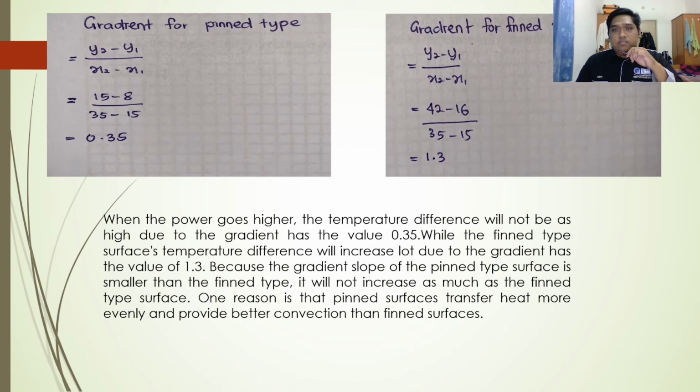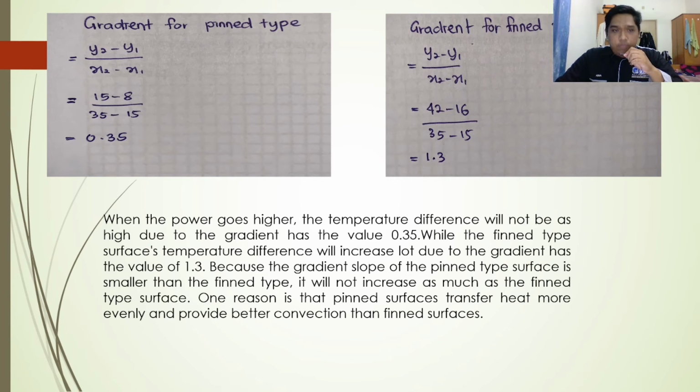For the gradient for fin type, we use the formula y2 minus y1 divided by x2 minus x1. Then we get 42 minus 16 divided by 35 minus 15. Then we get the gradient for fin type is 1.3.